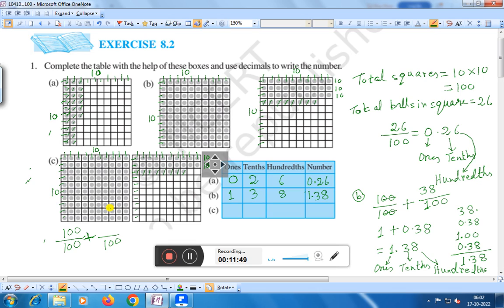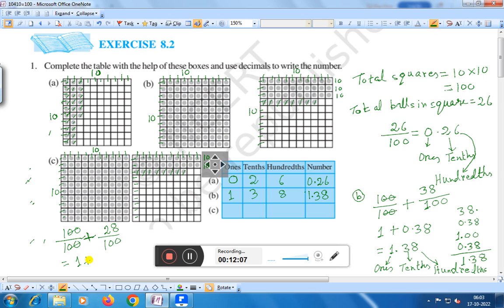That means 28 by 100. If we change into lowest term, this 0 and this 0 will cut, 1 by 1, that is equal to 1.